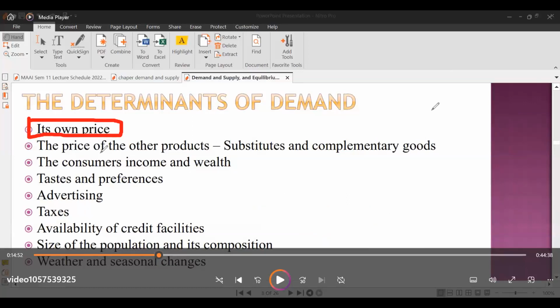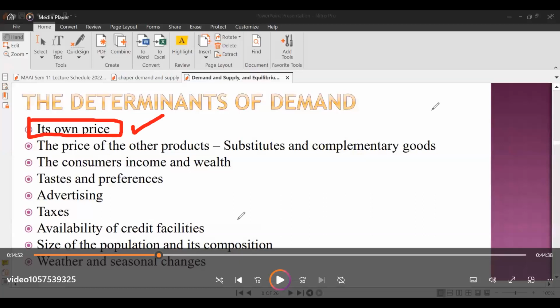We know that there is a crucial, very important factor, and that is its own price, because before we purchase a particular commodity, first we look into the price of the commodity.